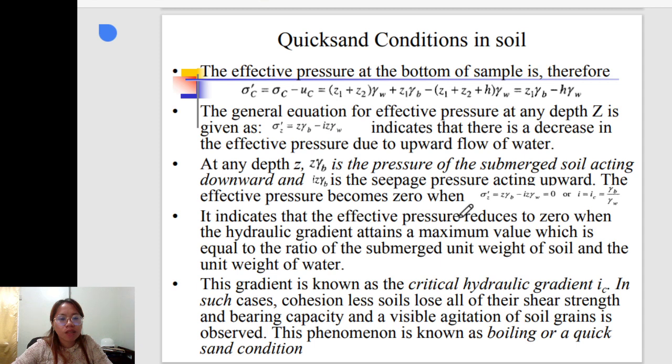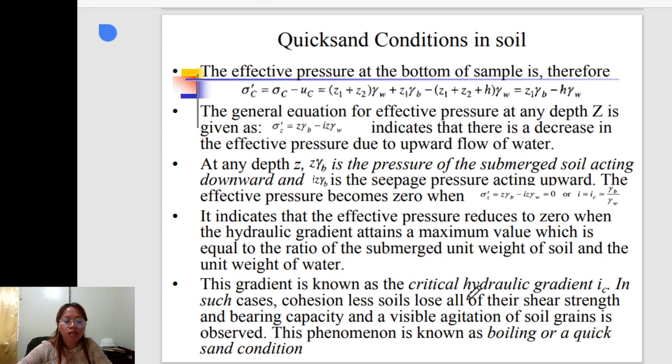It indicates that the effective pressure reduces to 0 when the hydraulic gradient attains a maximum value, which is equal to the ratio of the submerged unit weight of the soil, gamma sub B, also known as the submerged unit weight, and the unit weight of the water.